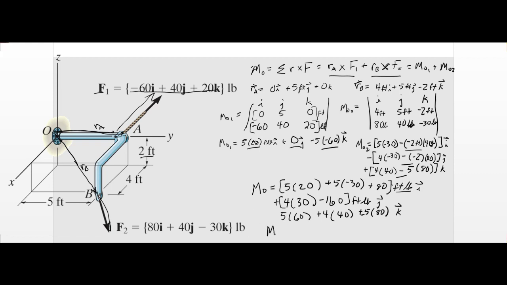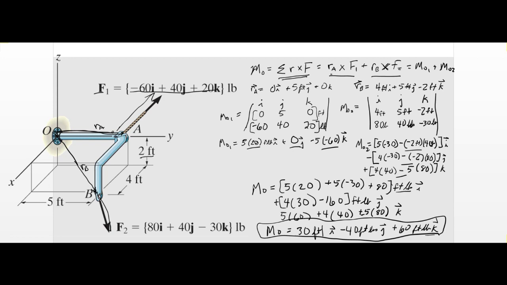So finally, MO is equal to 30 foot-pounds in the I, minus 40 foot-pounds in the J, plus 60 foot-pounds in the K. So you can see how we calculate everything from the summation of R cross F. That's how you're going to use that.